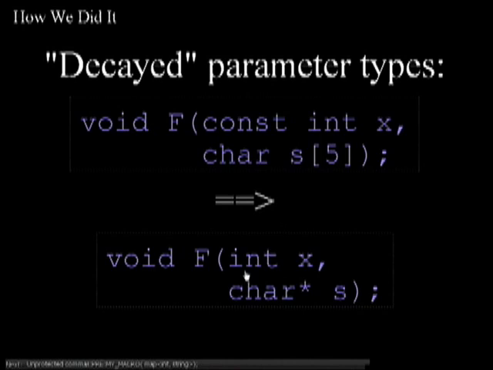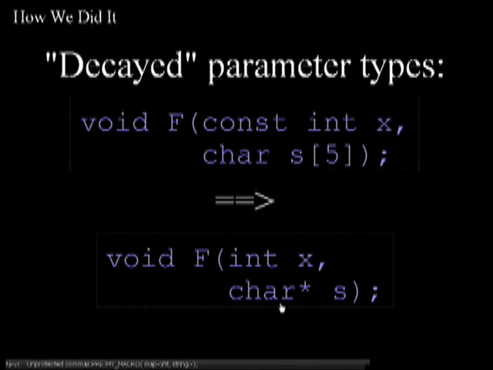It actually means this. So for the compiler, the first parameter is actually just int. The const modifier is dropped silently. And the second argument's type is actually taken as char star. It's no longer a char array. That's just how C and C++ work.